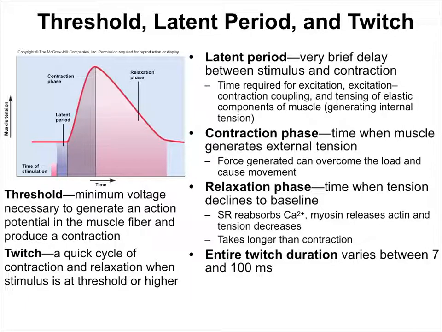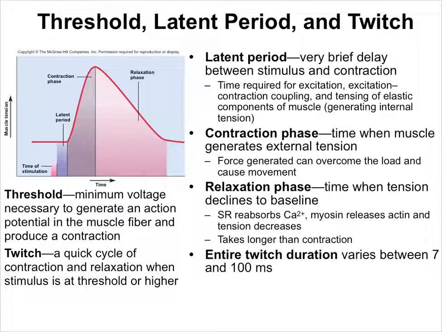And that makes sense if you think about it, because you've got to have your action potential spread out from the synapse and down the T tubules, and then have your DHP receptors stimulate ryanodine and then release calcium from the sarcoplasmic reticulum, which then has to diffuse through the cell and bind to troponin, and then you can finally start to get your myosin head groups actively engaged in contracting your muscle, right?